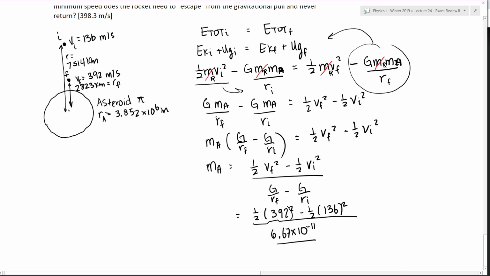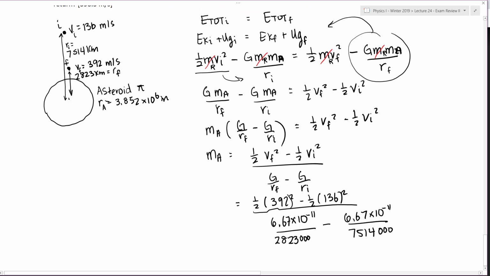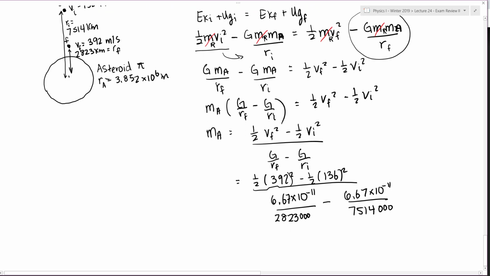Over r final, which was 2,823, but I have to change it to meters, so times 1,000, minus G over r initial, which was the 7,514, changed to meters, and now I can type everything into my calculator.